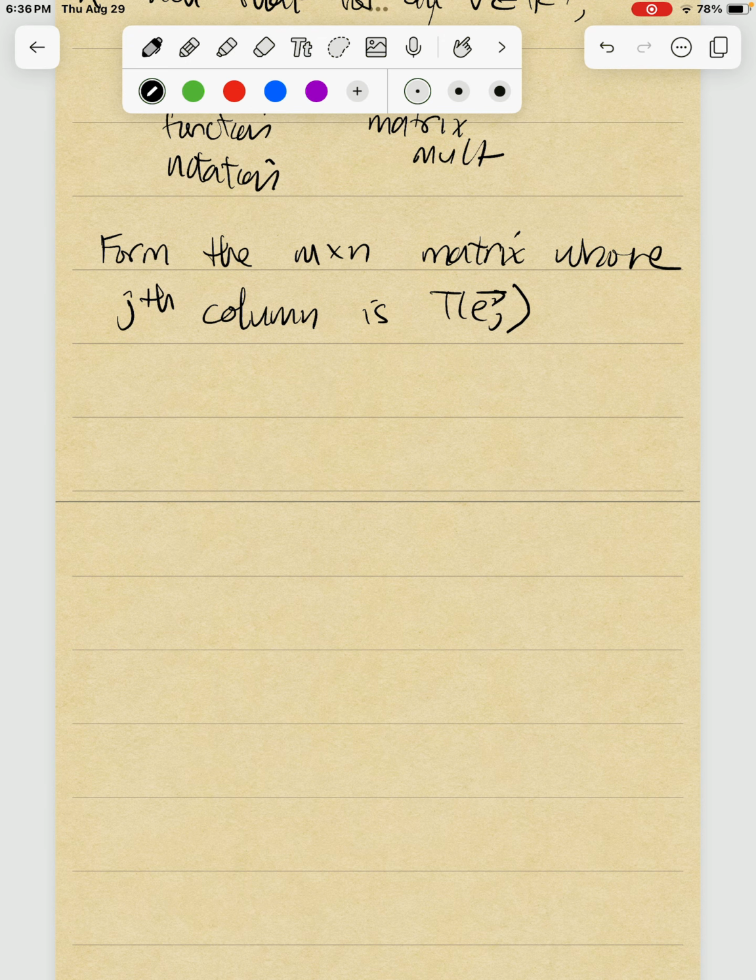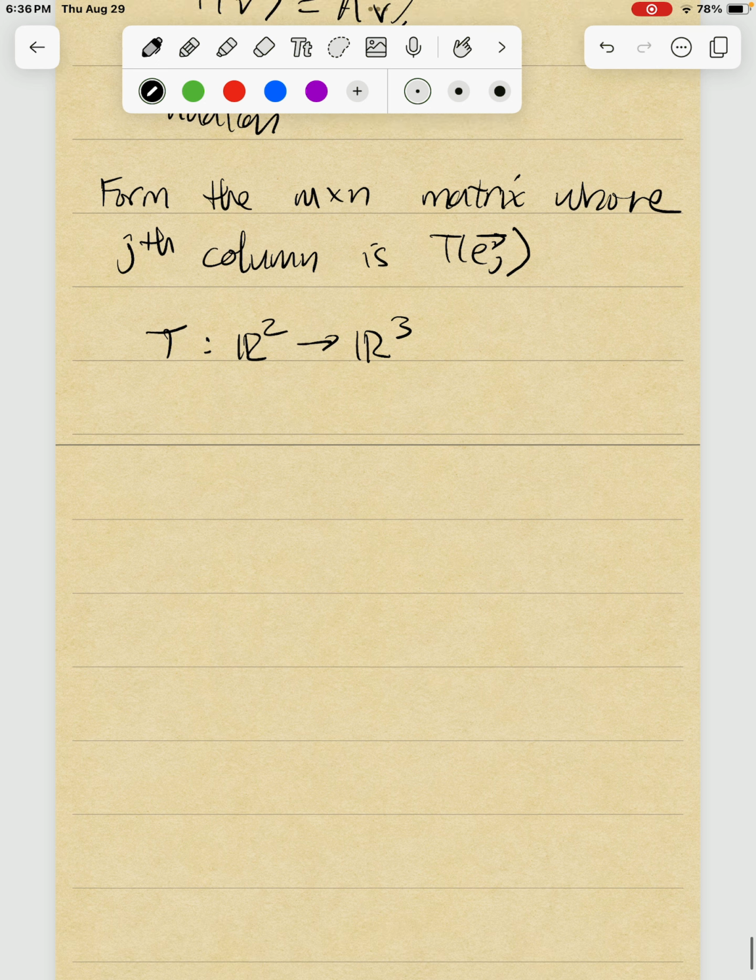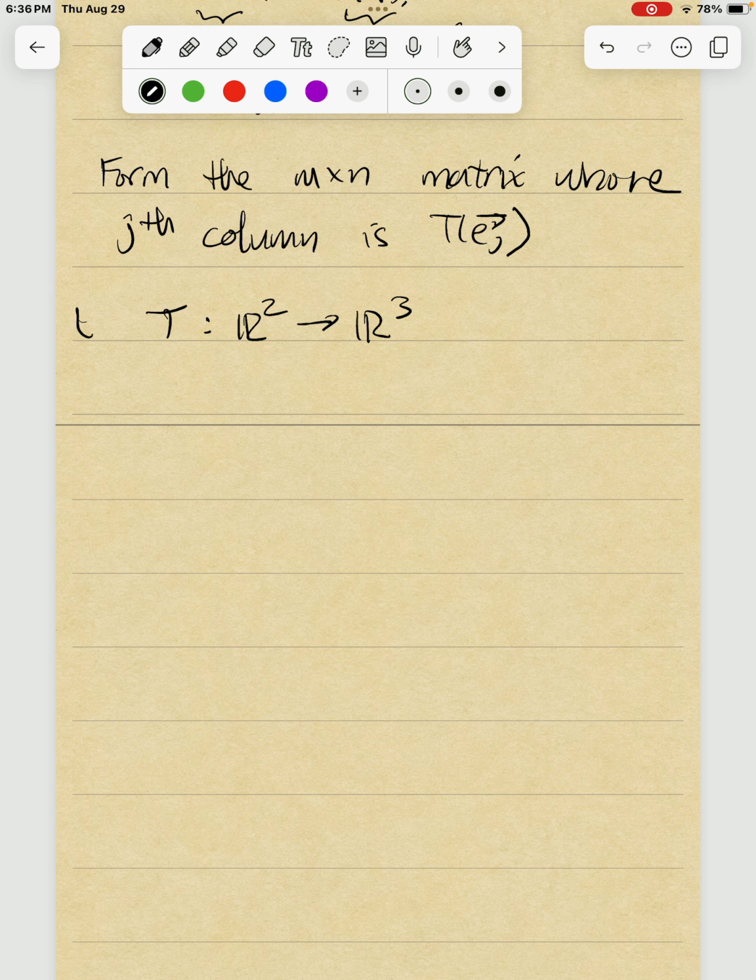So for instance, if T is a linear transformation from R2 to R3, let's just make this up. Let's say that T of xy equals x minus y, x plus y, 3x.